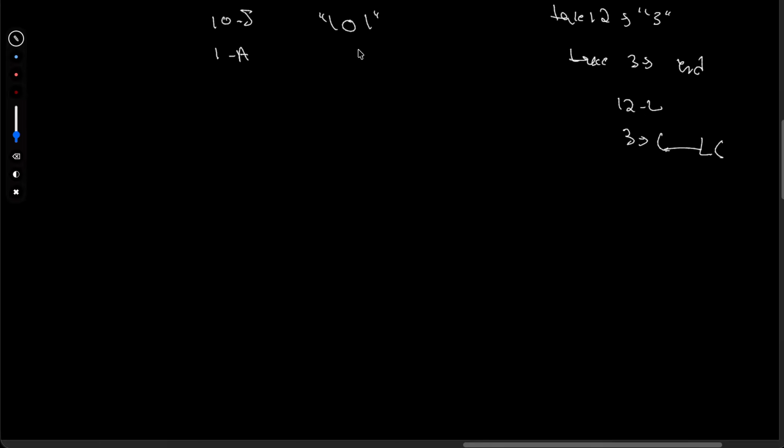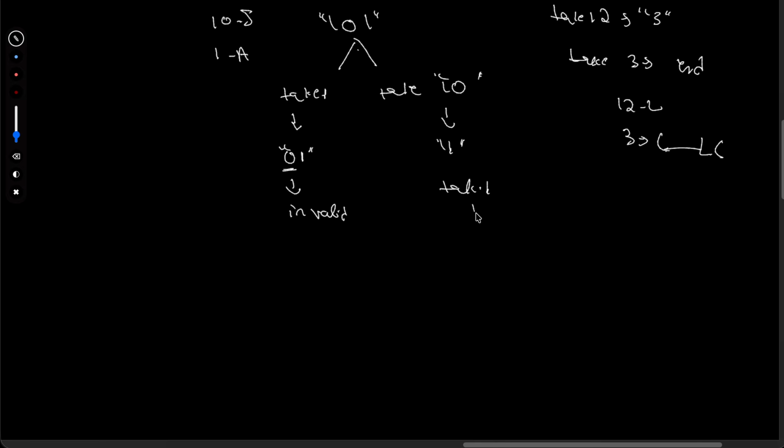So if we take 1, and then 0 1, 0 has come first, so it was invalid. If we take 10, then the remaining is 1, and if we take 1, the next was the end.